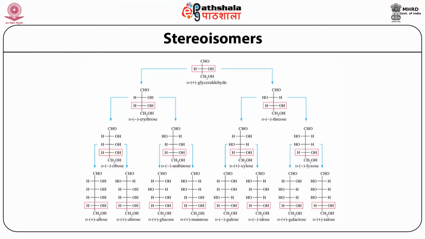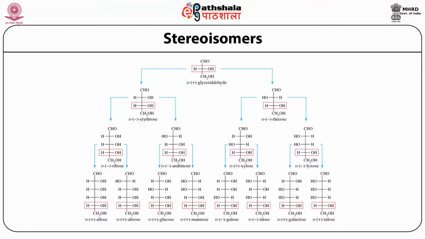Therefore, they are termed epimers of each other. That means glucose and galactose are epimers of each other with respect to C4 carbon atom, whereas glucose and mannose are epimers of each other with respect to C2 carbon atom, because their configurations are different at these carbon atoms.